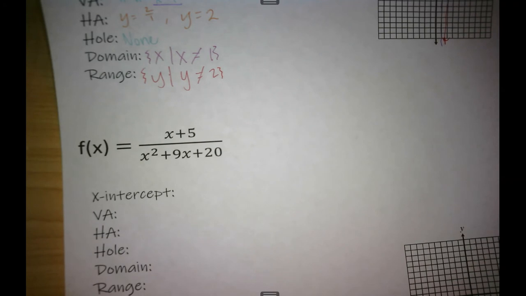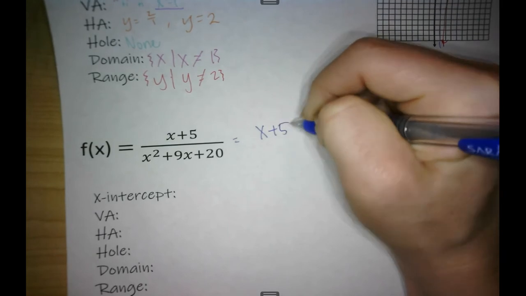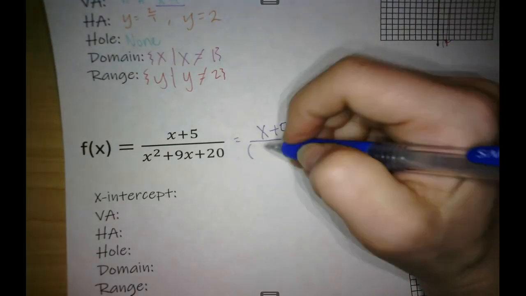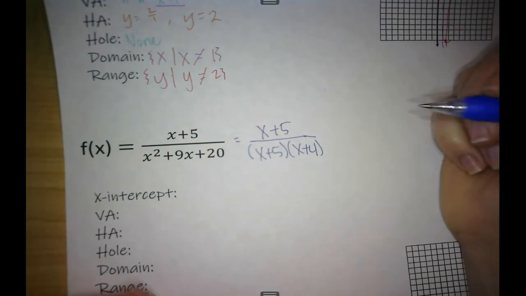factor the bottom, okay? So remember, I gave you an easy calculator, 3, 3, 1. Let's factor this. We've got 1, 9, and 20. So we've got x plus 5 on top, and we've got x plus 5, x plus 4 on the bottom.